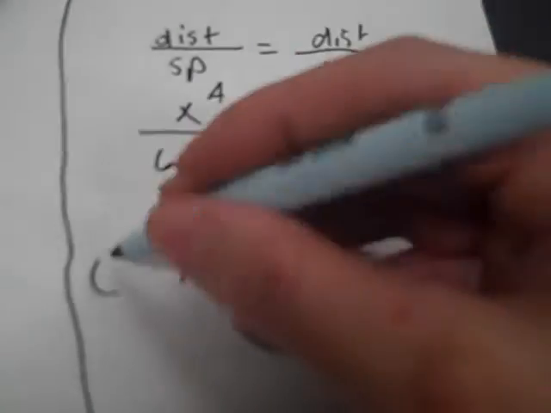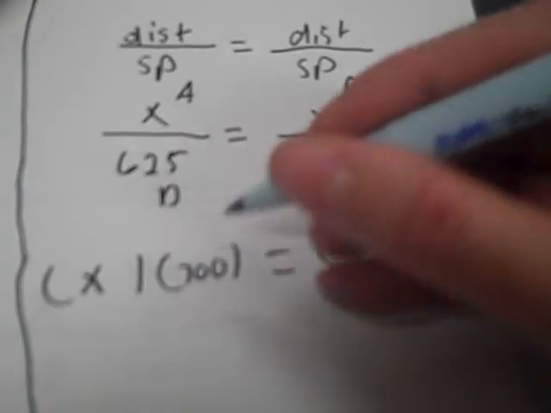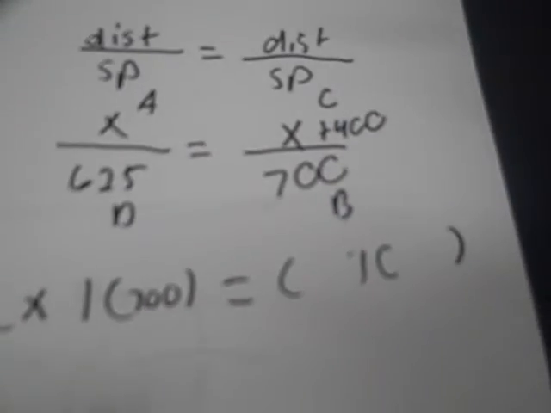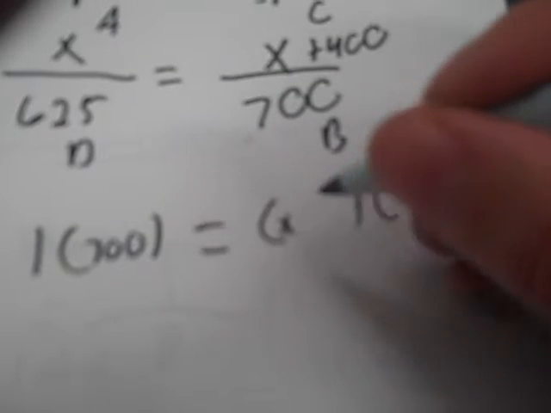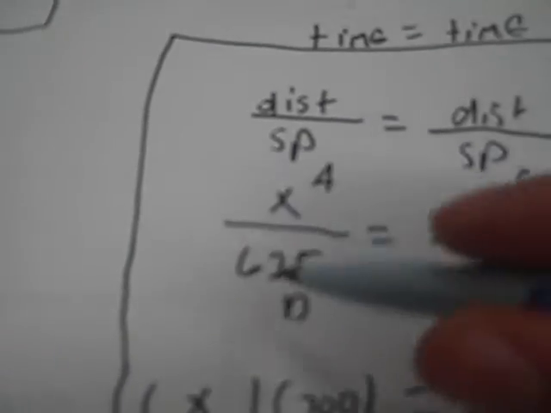So A is just x, okay? B is 700. C is x plus 400. Try to squeeze that in there, okay? And then D is 625.